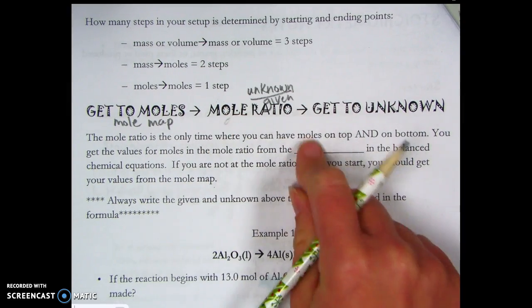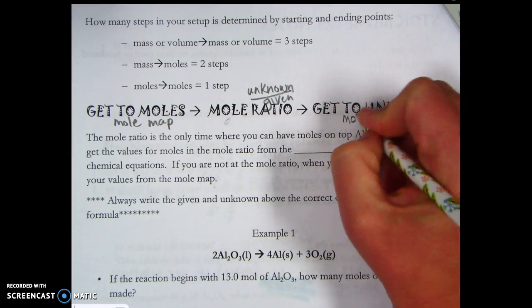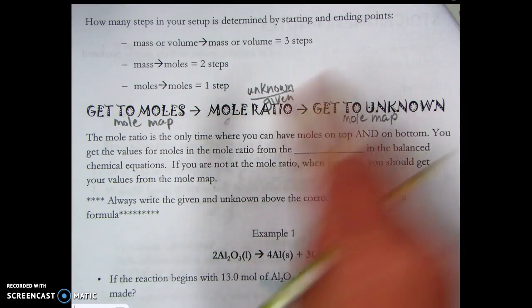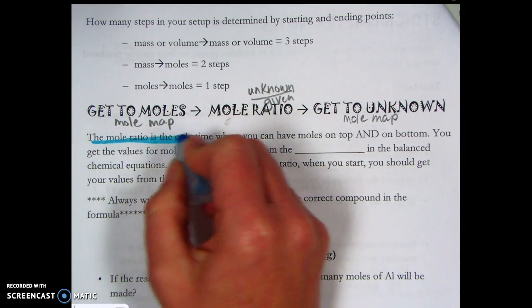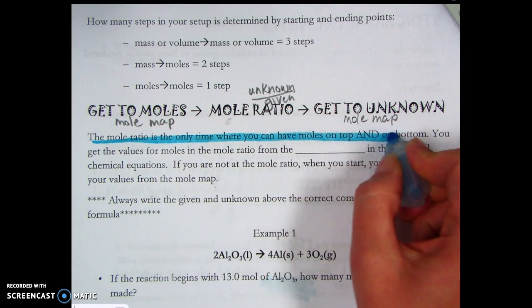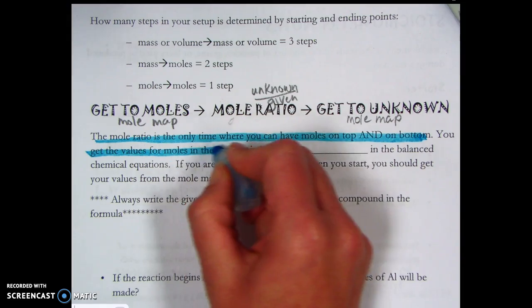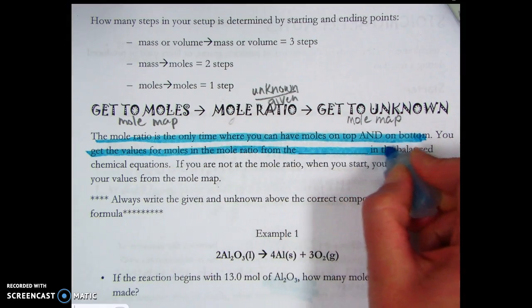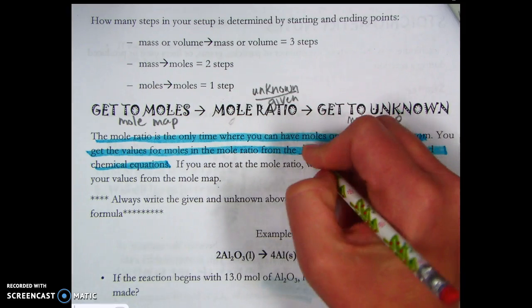Coefficients are our numbers, moles are our unit, and get to unknown will be our mole map. And these are the 3 steps of stoichiometry. The mole ratio is the only time where you can have moles on top and moles on bottom. You get the values for the moles in the mole ratio from the coefficients in the balanced chemical equations.